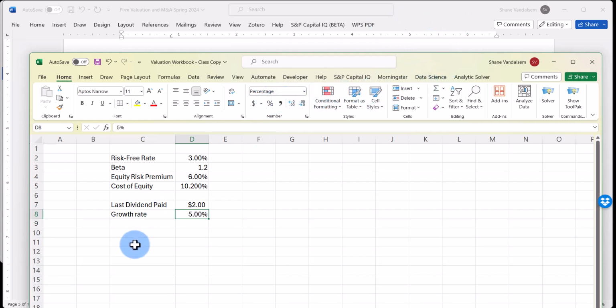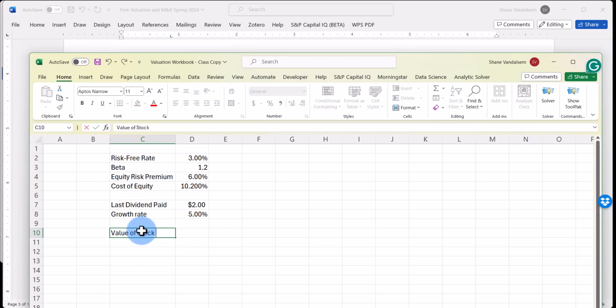So the price of our stock today, or the value of our stock today, so again, this is the intrinsic value. It's based on the expected dividends and the required rates of return. And it's going to be equal to, in the numerator, $2 multiplied by 1 plus the growth rate.